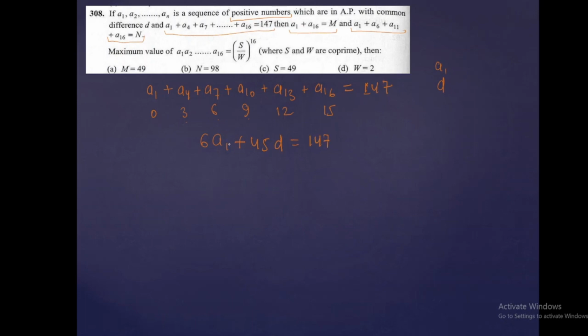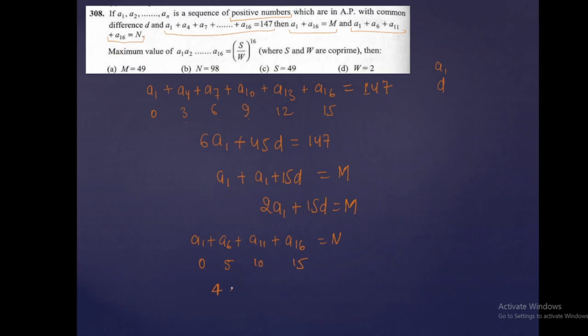Okay. And now we have A1 plus A16, so 2A1 plus 15D is equal to capital N. And we have A1 plus A6 plus A11 plus A16 equal to N. So again the D values are 0, 5, 10, 15, right?